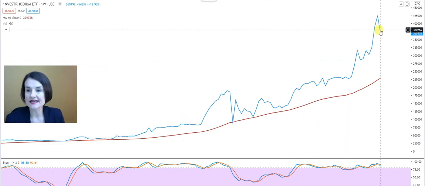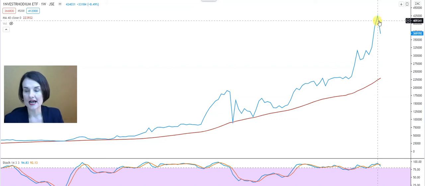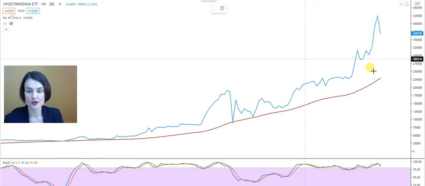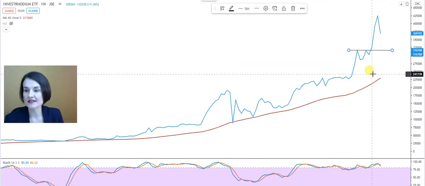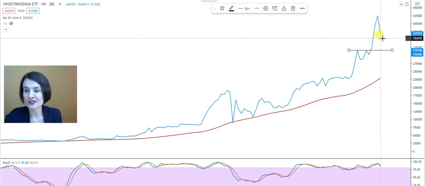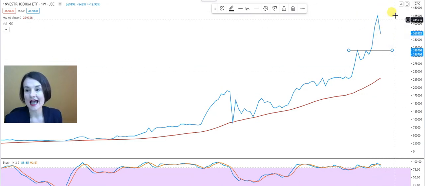But we can see in the week of the 1st of March, there was a little bit of a pullback, found resistance at 4,240 Rand and 31 cents. And now the big question is, will the share go back to this strong support, which is waiting there at 3,167 Rand 60, or will it manage to find a support somewhere and bounce again?